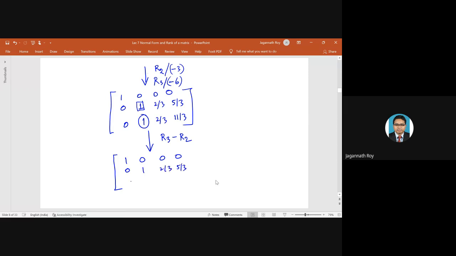So this is 0, 0, because 1 minus 1 is 0, and then 2 by 3 minus 2 by 3 is again 0. So we are lucky to get another 0 here. And this one is 11 by 3 minus 5 by 3, so this is 6 by 3, that is 2. So here it is 2.